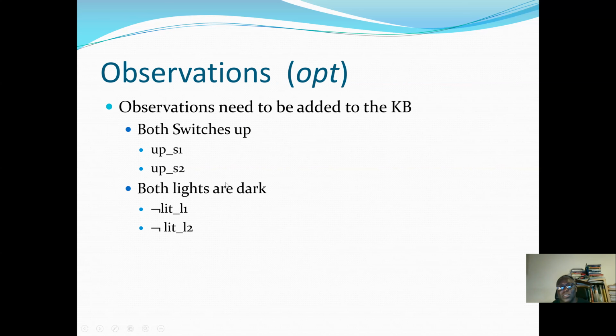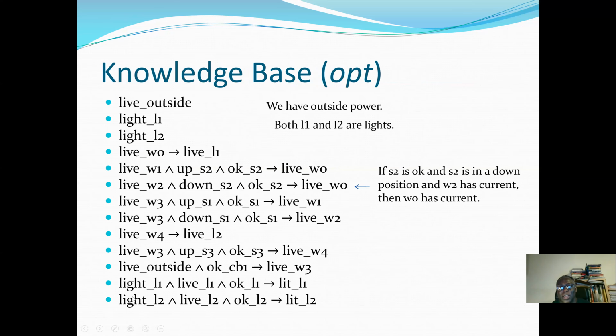And we may use this in, for example, the last one, where we say there's light in L2 and L2 is live and L2 is okay, which means the power is live and it's okay. So this means then L2 will be lit, the bulb will be on.